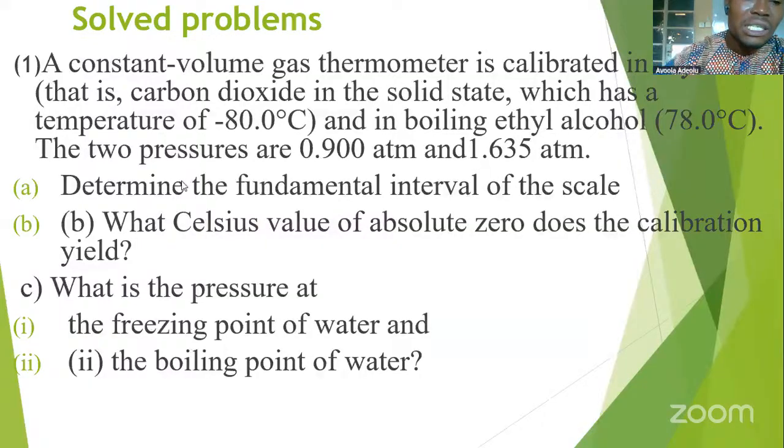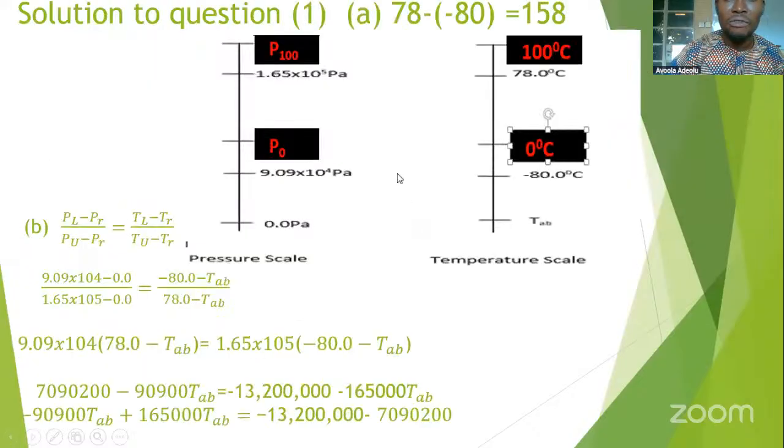The question is saying, determine the fundamental interval of the scale. How can I get the fundamental interval? The upper point minus the lower point. Upper point is 78, the lower point is this, so it will be 78 minus (-80). That's why we have what we have here.